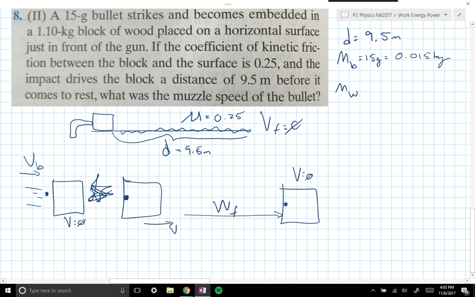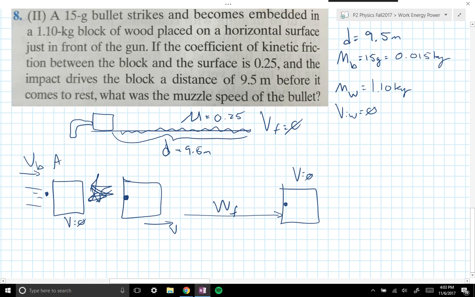Mass of the wood, block of wood, bullet, they both start with B, so we use B and W for this. Mass of the wood is 1.10 kilograms. Initial velocity of the wood is 0.